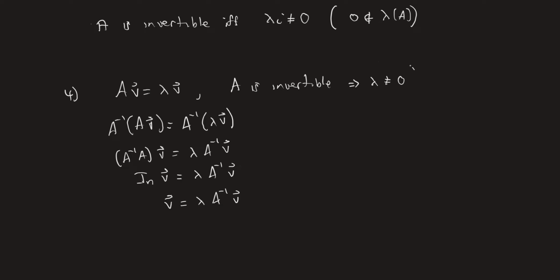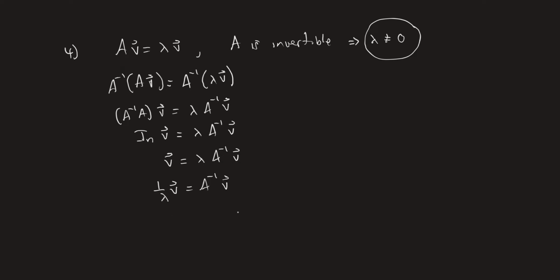And then because our lambda is not equal to 0, instead of multiplying the right-hand side by lambda, I can multiply the left-hand side by 1 over lambda. So I could do this, right? 1 over lambda times V is equal to A inverse times V. And then let me rewrite this the way we started with our definition, where I have the matrix multiplication on the left.